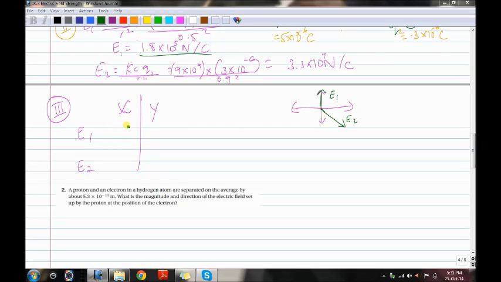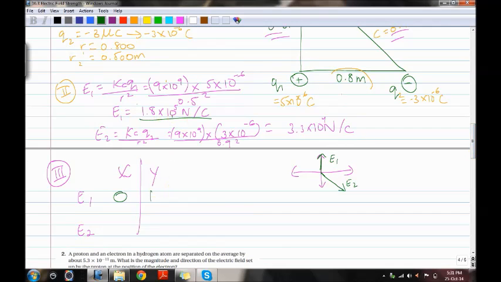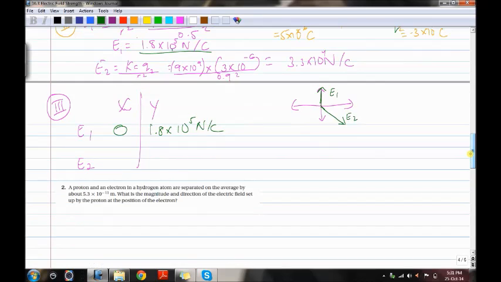So for the x for E1 would be 0, and for the y it would be 1.8 times 10 to the power of 5 Newton per coulomb. Now for the E2, because it has both the x and y components, we're going to use sine and cosine.